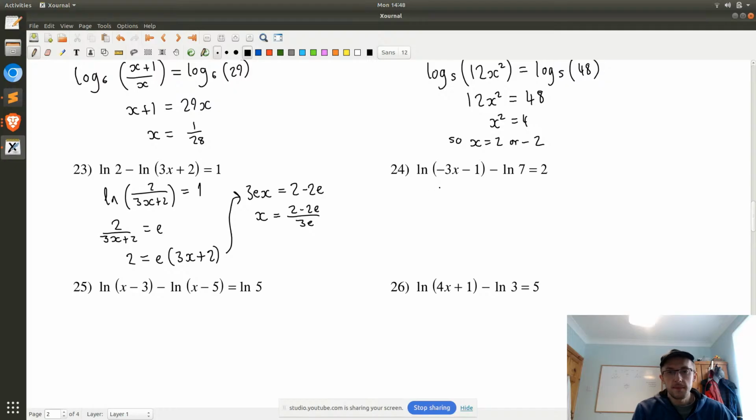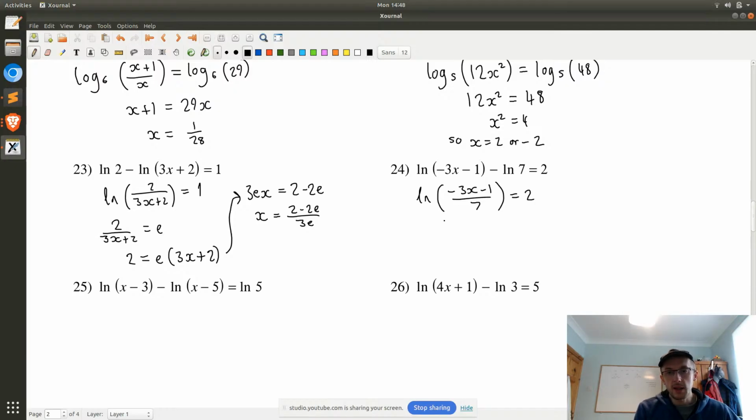That's absolutely fine. Okay. ln now of (negative 3x take 1) over 7 equals, wrong, 2.